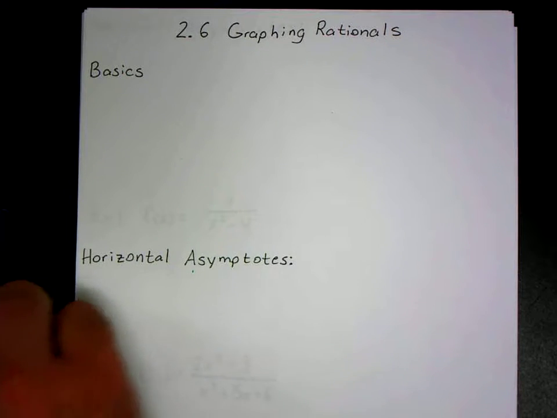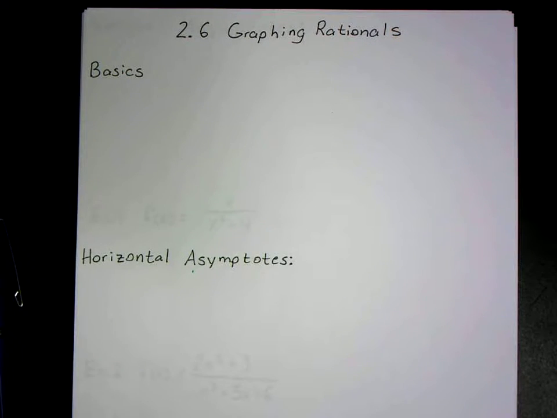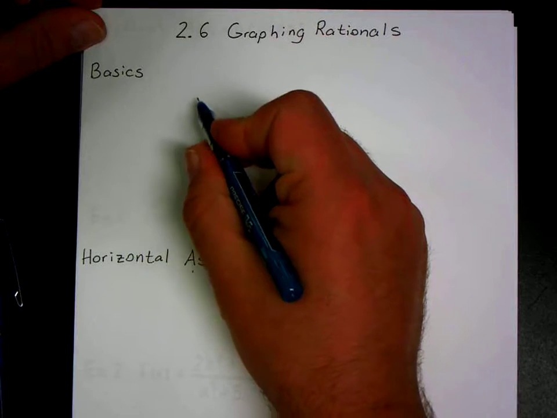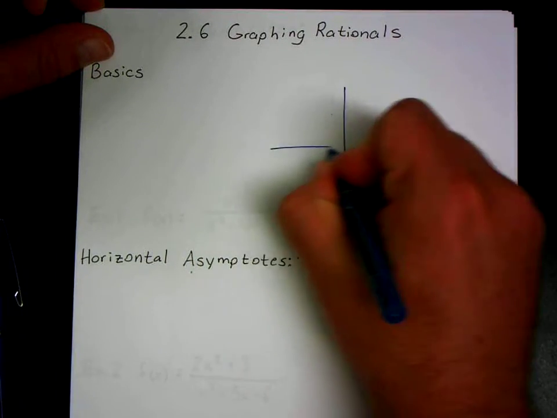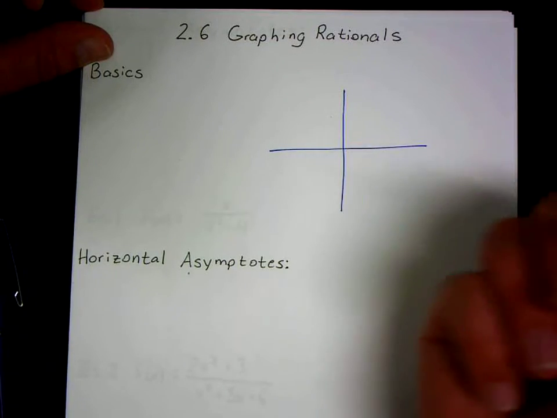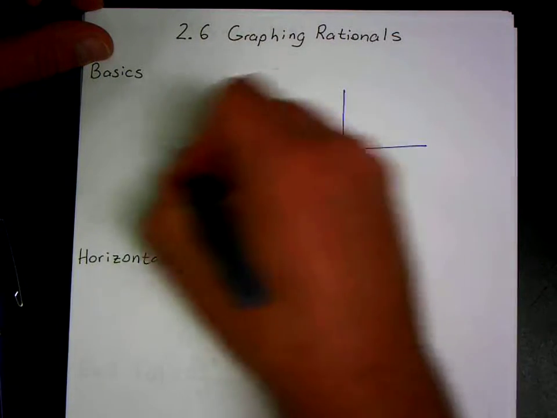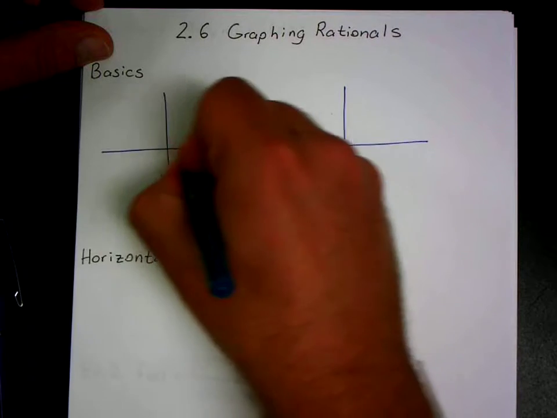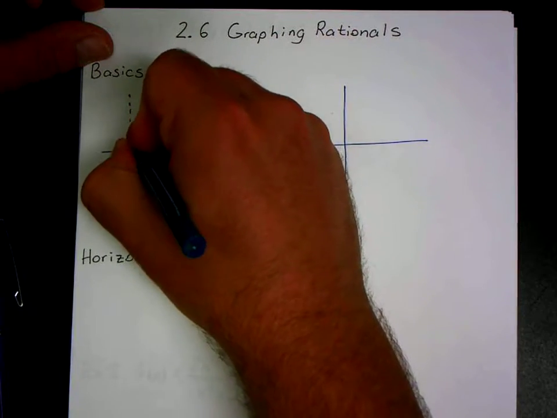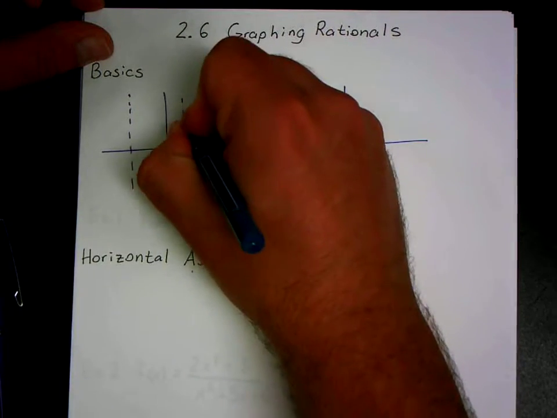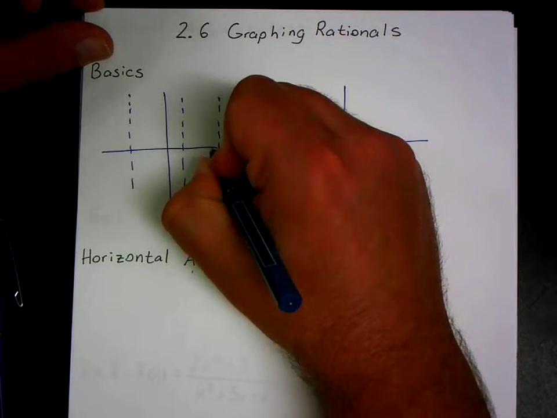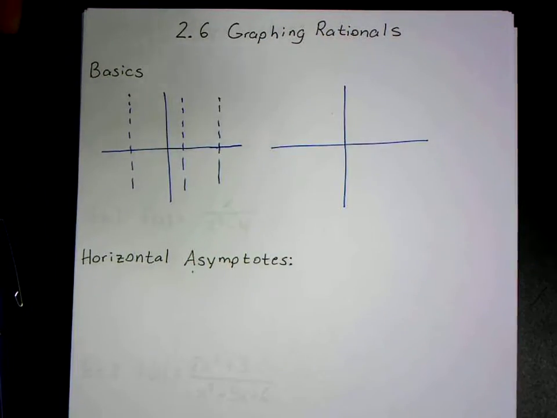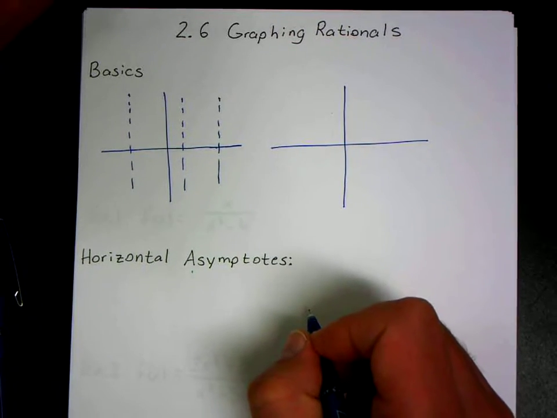All right, so that's kind of the basics. What we're doing when we're graphing, these graphs can really look like anything. We can have really as many vertical asymptotes as we want.